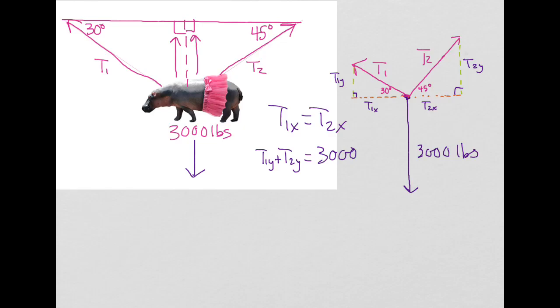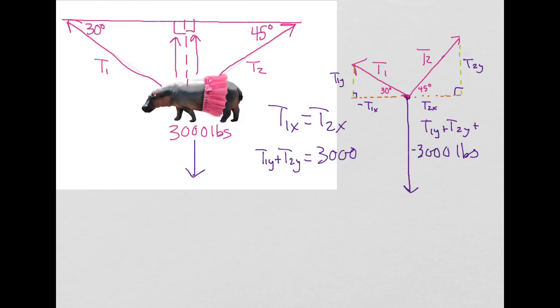And if you want to get really technical with it, we would start with T1x being negative and that 3,000 being negative, since we think of down as negative and left as negative. And we would really start with the equations, let's go, T1y plus T2y plus, oh no, I'm running out of room.